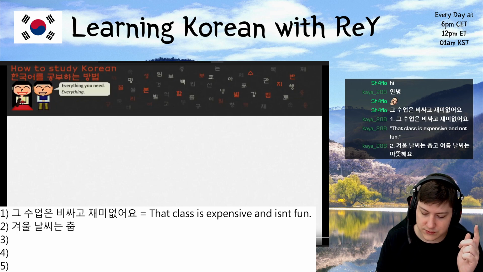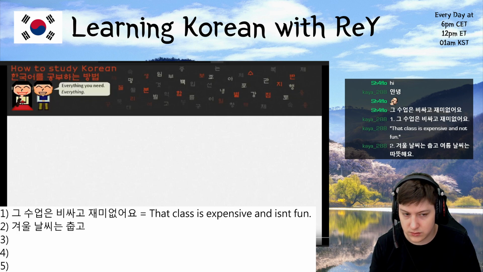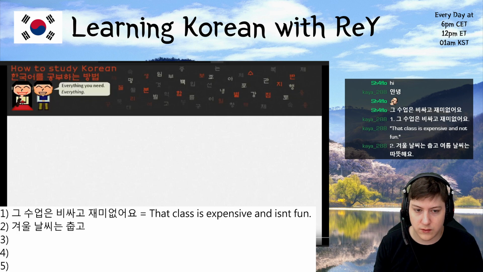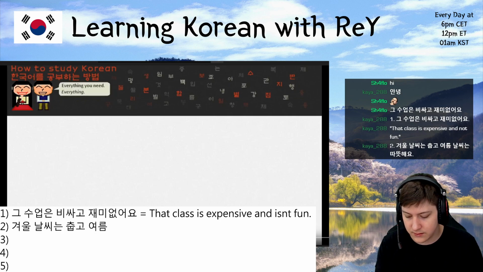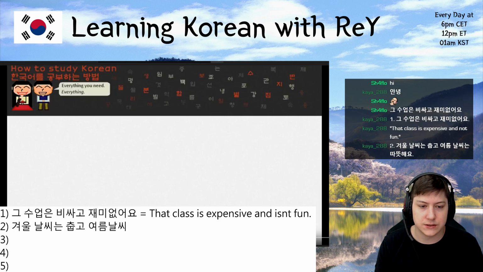So then I put go, chupgo, and now we need 여름 for summer, 여름, then probably 날씨 again, 날씨는, and now warm.